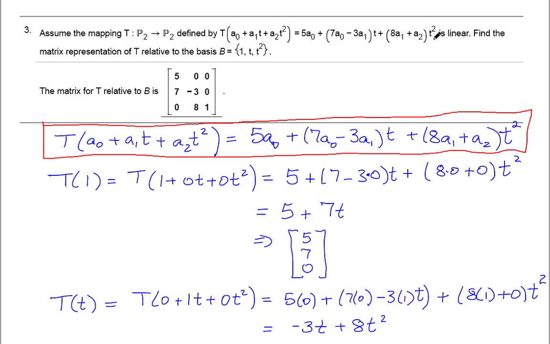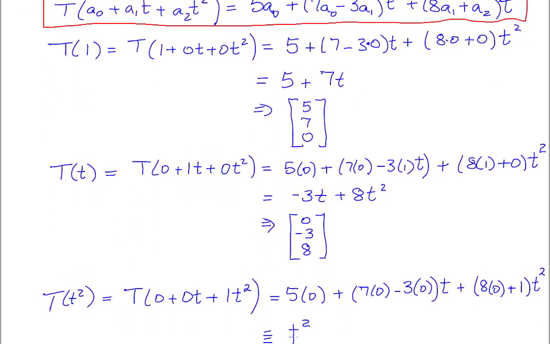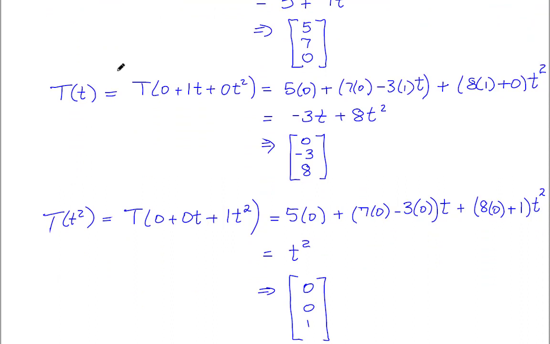There's no t squared part. And then repeat the process for what it does to t. Well, t is 0 plus 1t plus 0t squared. So we trace through what that does, and that gives me 0, -3, and 8.